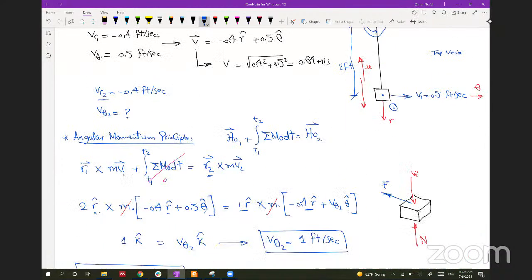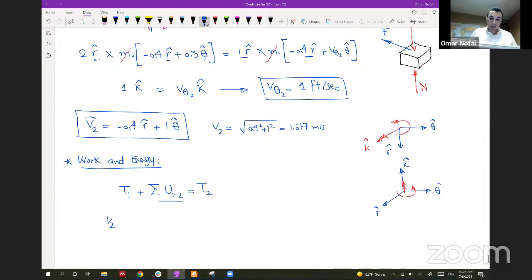Yeah. Okay. So here, let's move to the work and energy. We'll have half m v1 squared, plus all the work exerted by the motor, equal to half m v2 squared. So if we need the work from 1 to 2, it will be half multiplied by v2 squared minus v1 squared.